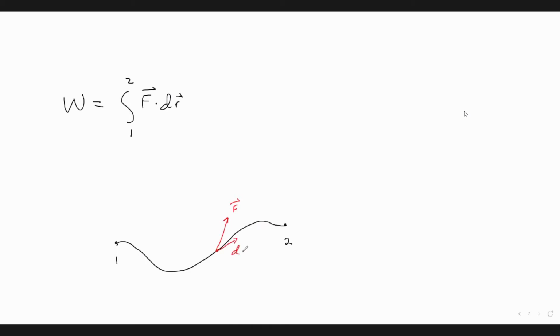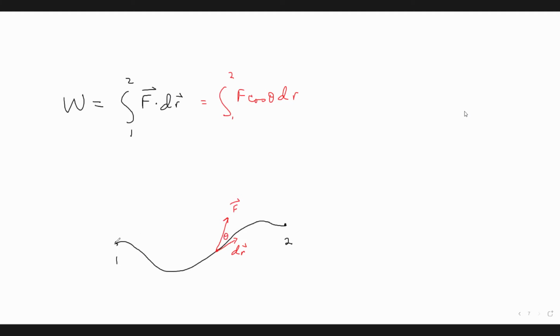So this is dr. And F dot dr is nothing but F cosine theta dr, where this is the angle theta.